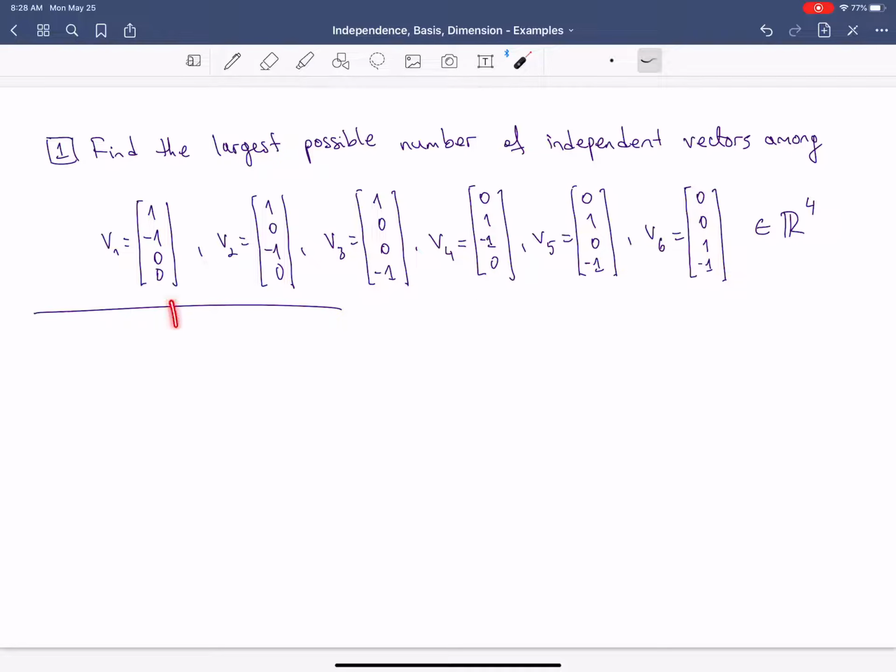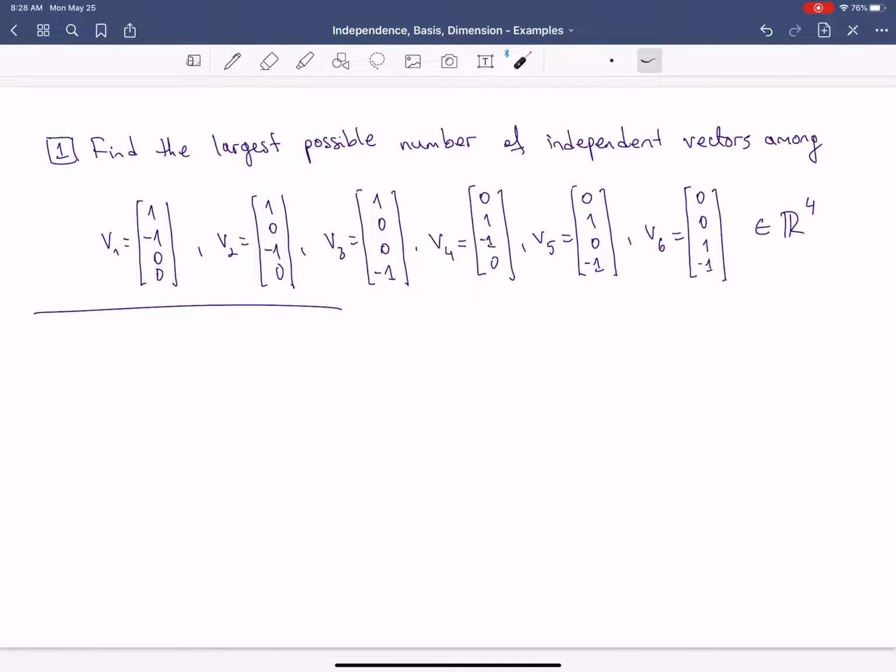If I look at the first vector and the second, I see that the second vector is not a multiple of the first, so these two are definitely linearly independent. Furthermore, the first vector has a 0 in the last position, and the second vector also has a 0 in the last position. So if I combine these two vectors, I cannot get something non-zero in the last position.